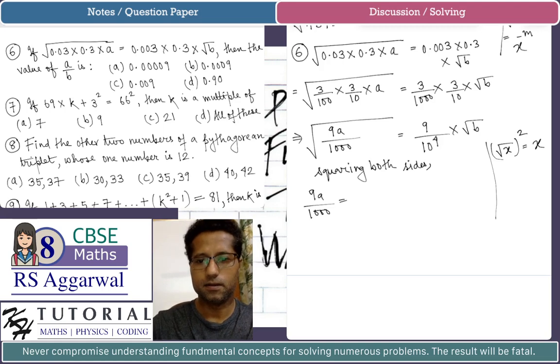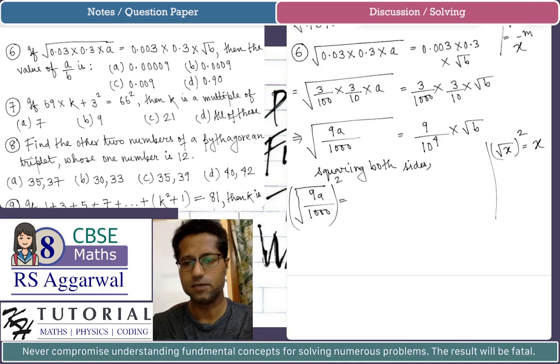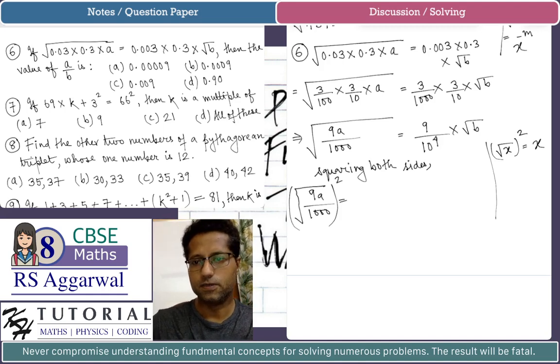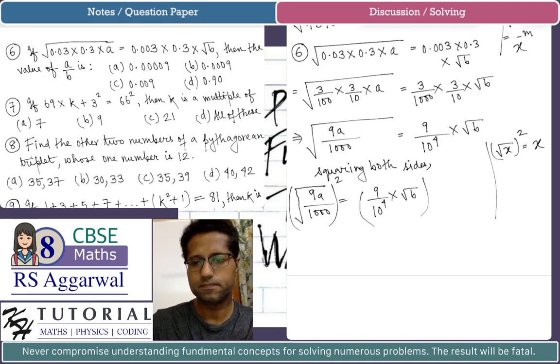Let me write it more step by step, so which will be clear. So I am taking squaring of both sides. So the square of the left hand side is this, and when we square the right hand side, we are taking the square.